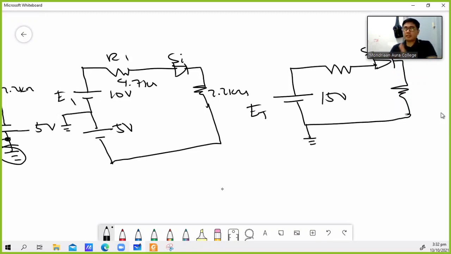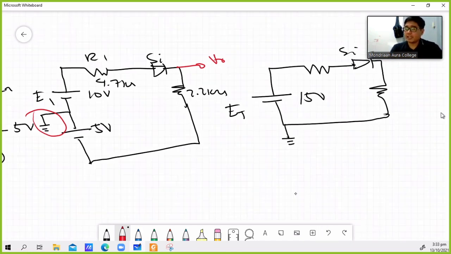But in this way kasi, hindi natin malalaman yung output voltage kasi yung output voltage is measured at this test point with respect to ground. Ang ground mo nandito, eh dito yung ground mo, iisa na lang pinagsama mo. So, pwede natin siya gamitin to determine kung naka-forward bias or naka-reverse bias yung diode.